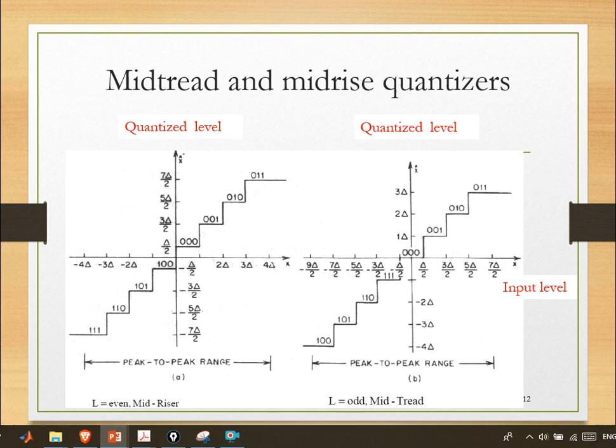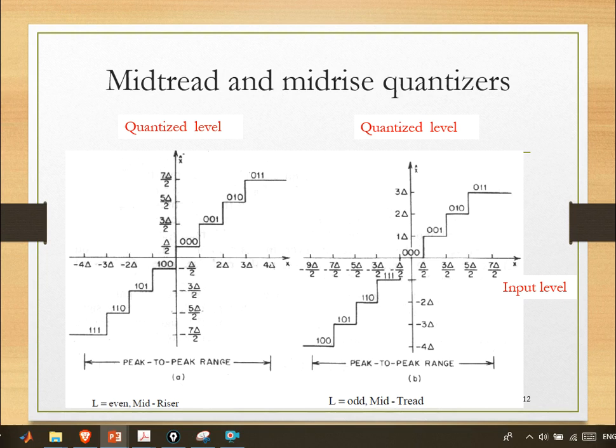Like if your delta is 4, you go above 0 by 2 and below 0 by 2, and you build on top of that. Then 2, 6, 10, 14, and so on. If I said mid-tread, you must start from 0: 0, 4, 8, 12, and so on.